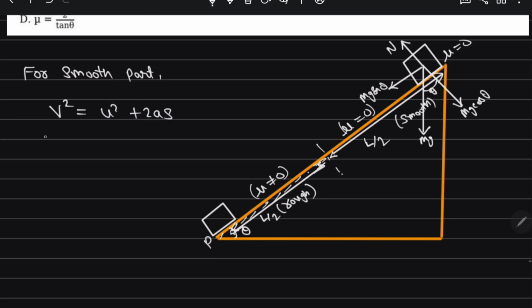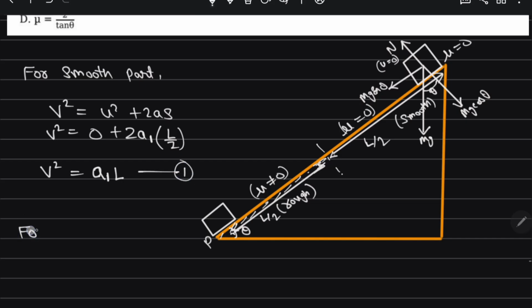We know that v square is equal to initial speed 0, because it is released, plus 2 times acceleration, I say a1, and distance l by 2. So this v square comes out to be a1 into l. This is our equation first.